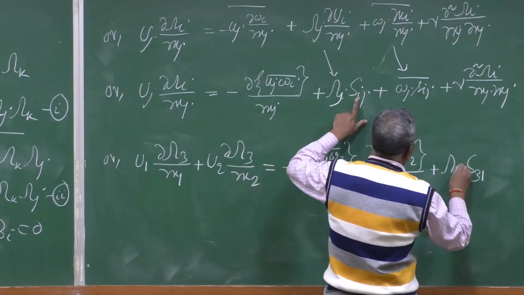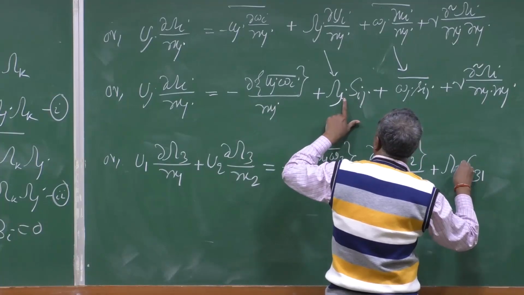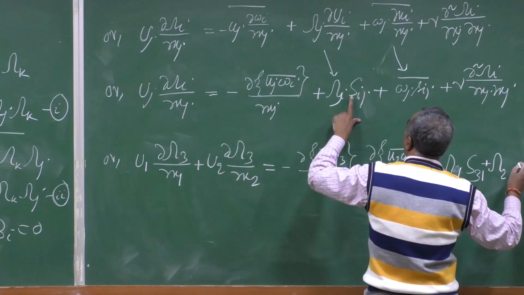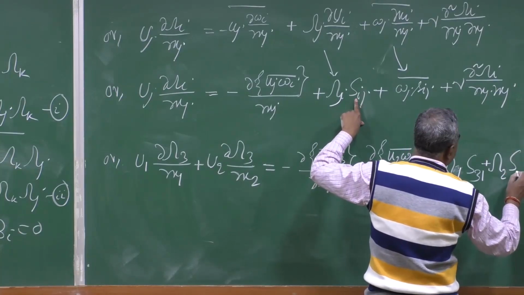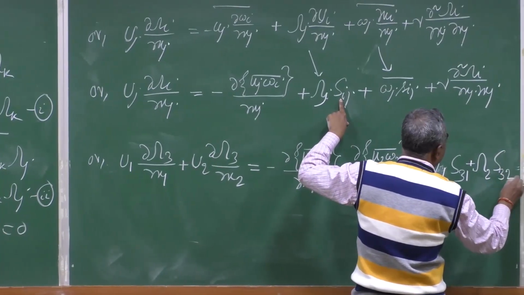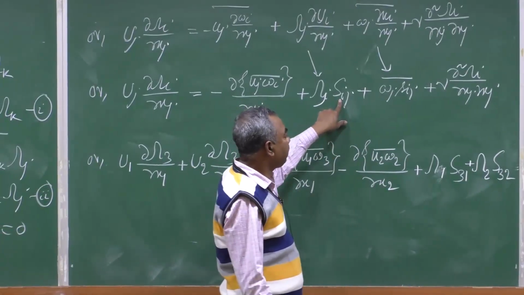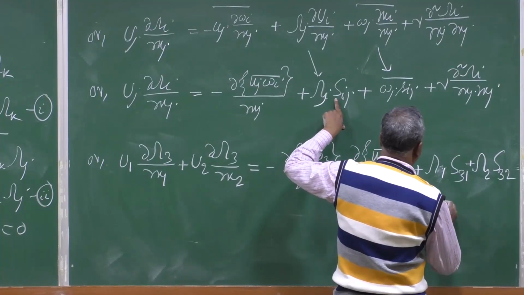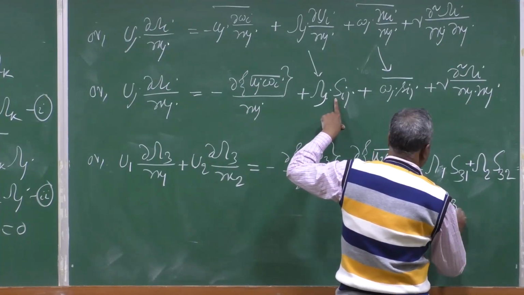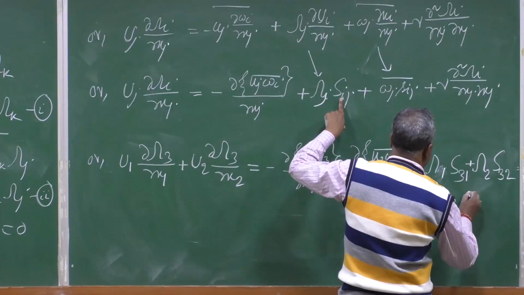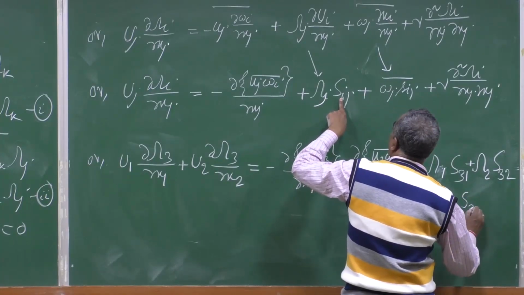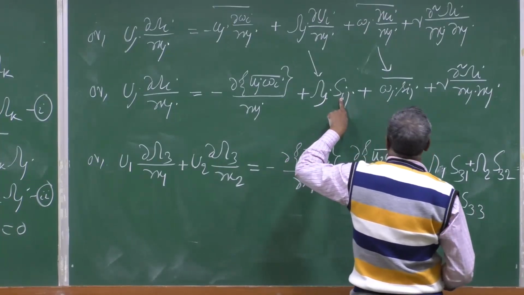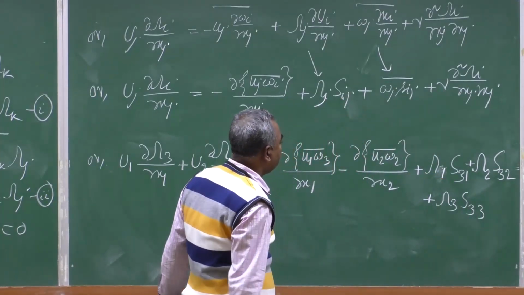So, this is 3, this is 1 plus this is j 2 S, this is 3 2, right. Plus this is going to be your omega 3 S 3 j 3, okay.